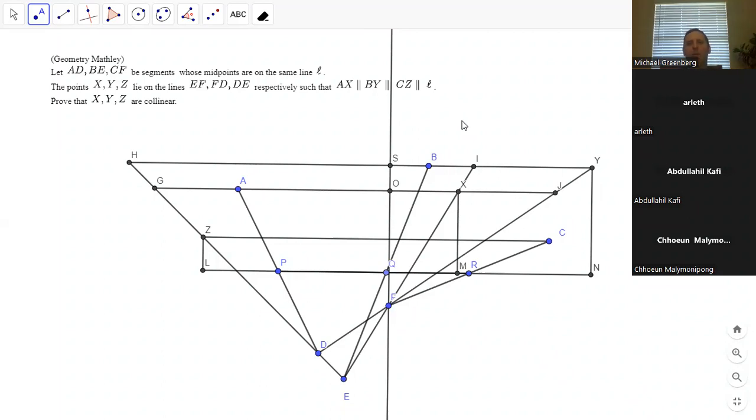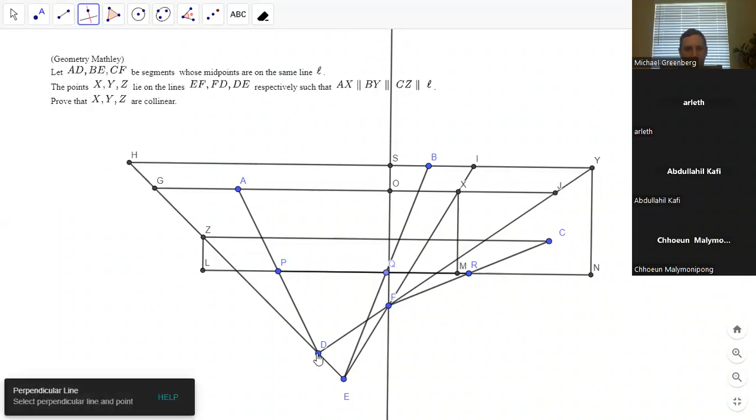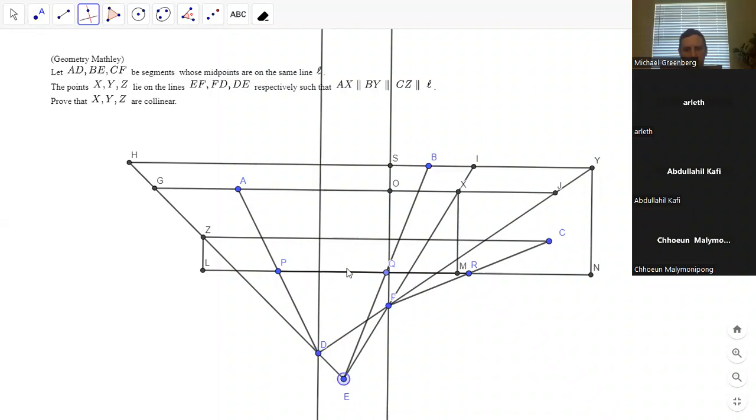Yeah, I feel like this might be bashable, but it might be an ugly, ugly bash. Yeah, like for example, if we drop all the perpendiculars from D and F to the line, then YS over FS is YT over TD.